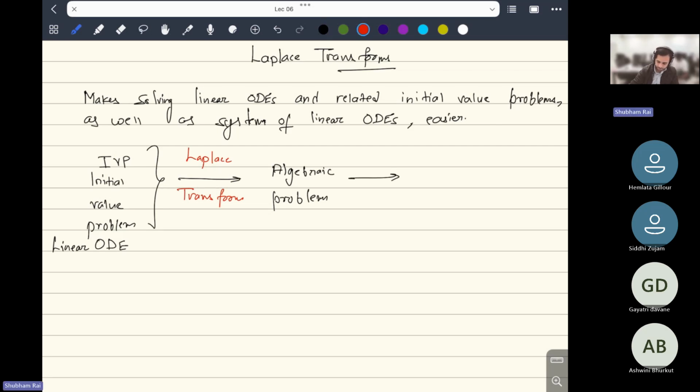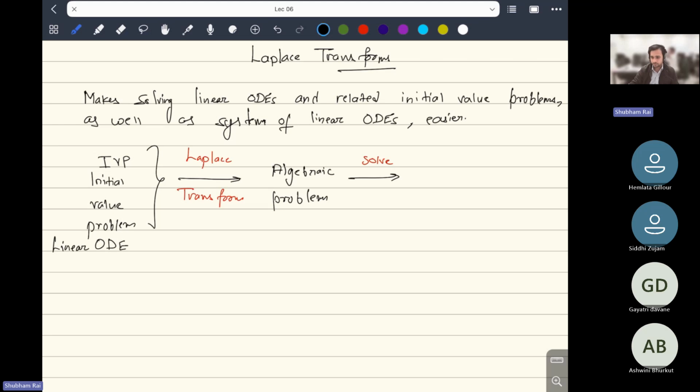And then we will solve this algebraic problem. Solving an algebraic equation is very easy. There are many methods, right? Like Gauss forward elimination, backward elimination; these kinds of methods you would have studied for solving algebraic problems.